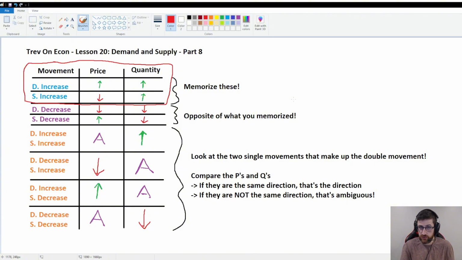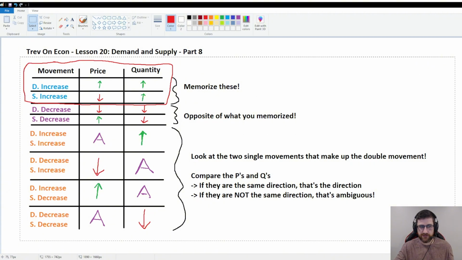This means if they ask you about a specific movement, you don't necessarily have to draw it anymore because you have the answers written down. It's a very handy little tool. You do have to practice setting it up, but if you practice setting it up, I promise you, it makes a lot of demand and supply stuff a lot easier and a lot quicker, which again, in a test-taking environment, can be very handy. All right? Try this out yourself. I promise it's useful.